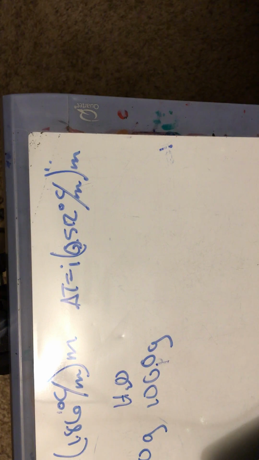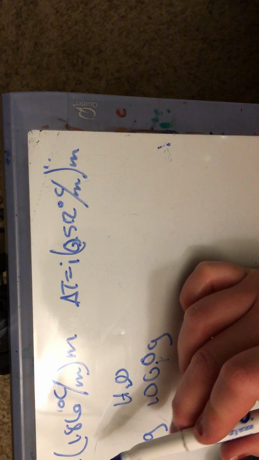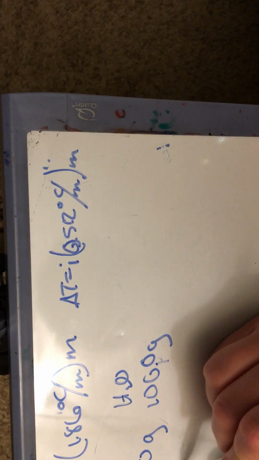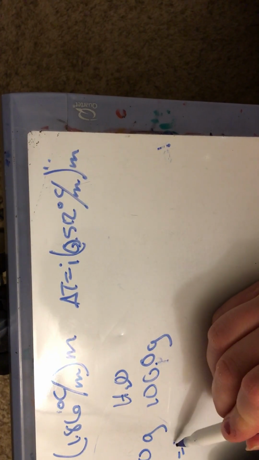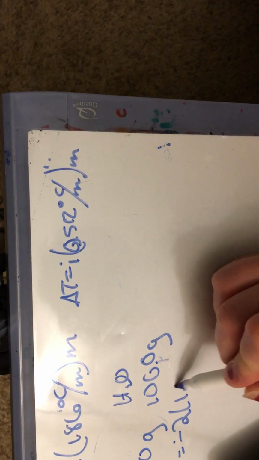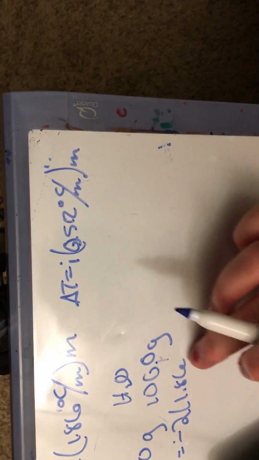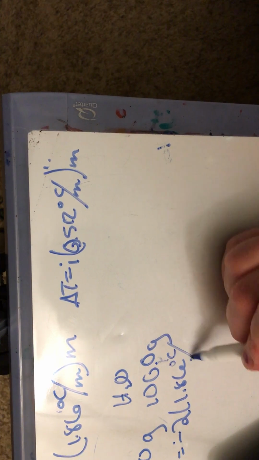Okay, so what is the freezing point? We got to put that in there. So, of course, ions, delta change, ions is going to be negative 2 times 1.86. Whoops. And we need degrees Celsius per molality.